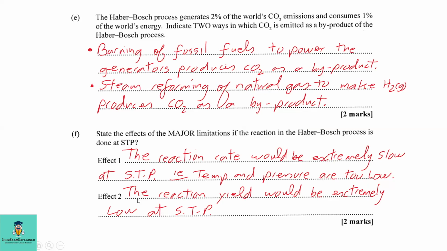Effect 2, the reaction yield would be extremely low at standard temperature and pressure. So in order to get a better yield, we want to use moderate temperature and high pressure. So standard temperature and pressure is not the best condition to produce the ammonia we want by the Haber-Bosch process.